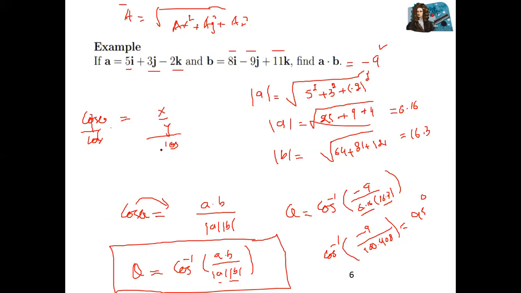But on this side we have the cosine value, like x divided by y. But when you apply cosine inverse on this one, you receive a number. That number is, for example, 20, 30, or 40. So this is actually the angle.